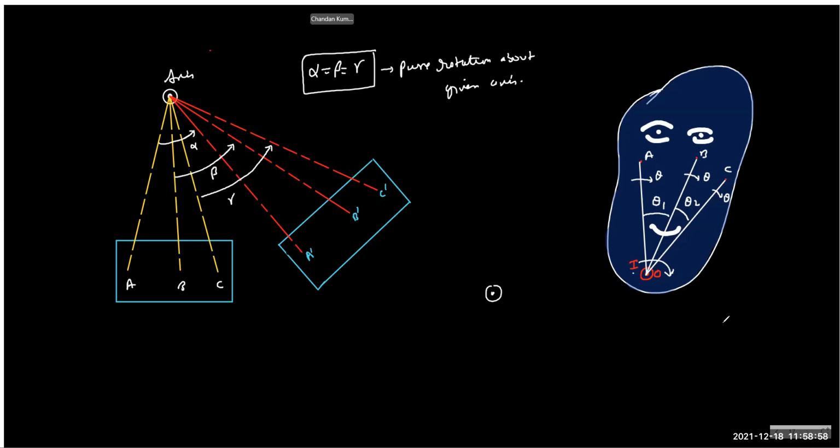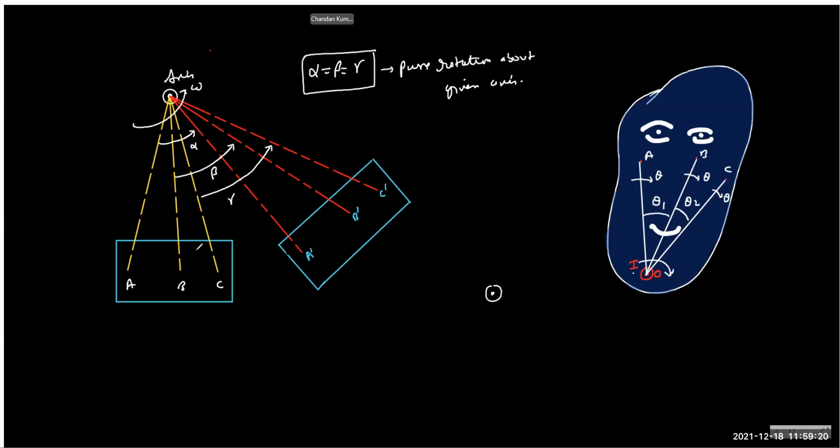And why is it powerful? Because about that axis the body performs pure rotation. So by uniquely defining the omega, I can analyze the motion of any point A, B, or C, or for that matter, any point.